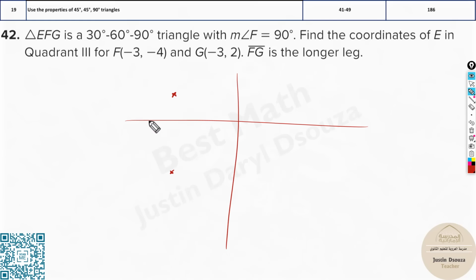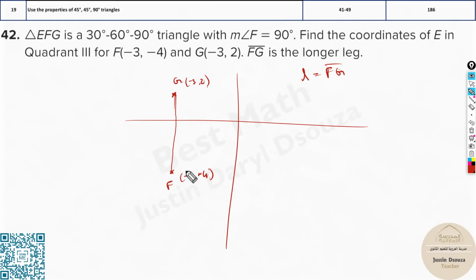Now we need one more point, E, which is somewhere in quadrant 3. They have also mentioned the longer length L is FG. Let's just count it. We don't need to find the distance by the distance formula. We know this point: this was F, (-3, -4), and this is G at (-3, 2).